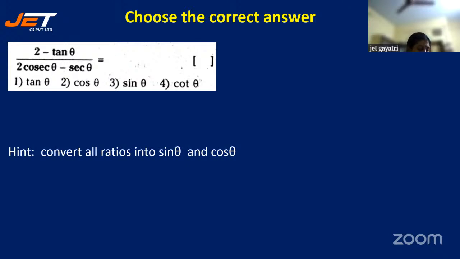Now, they have given you a hint: convert all ratios into sin theta and cos theta. Meaning, whatever we have as tan, we need to convert it into sin and cos.